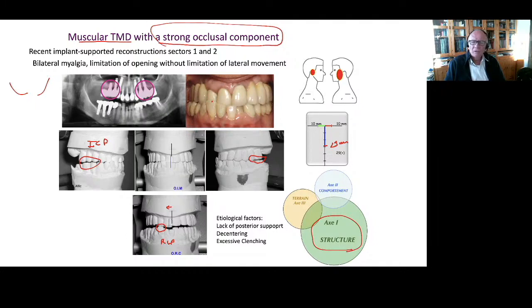And it is recent. It is natural dentition? Not at all. There are crowns on all the teeth, and the patient has implant treatment on maxillary posterior part, recent.